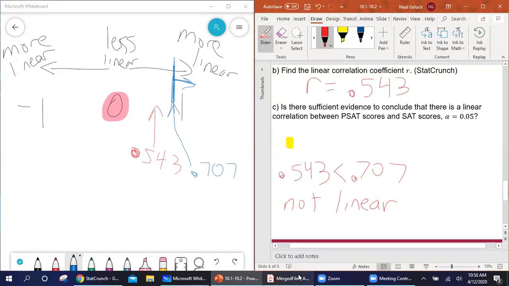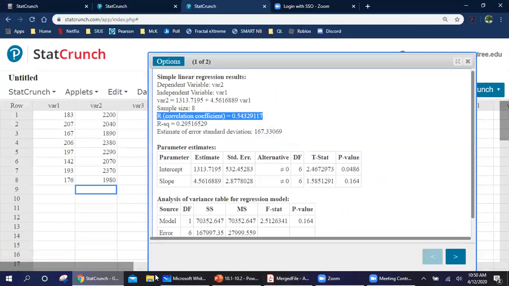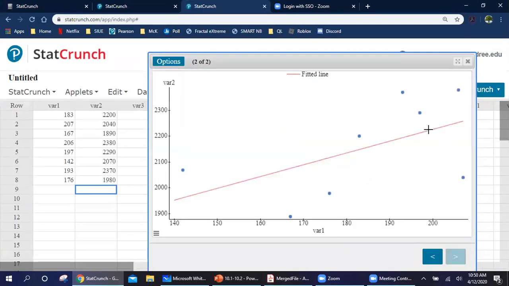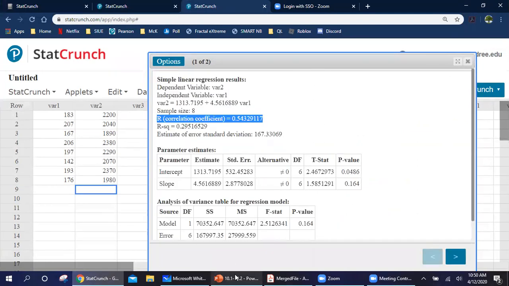And again, if on StatCrunch I click this arrow over, I can see some of the data was kind of fitting that line, but there's a point down here that's not good. These points don't feel that close to it. So it doesn't look like it really did all that well.